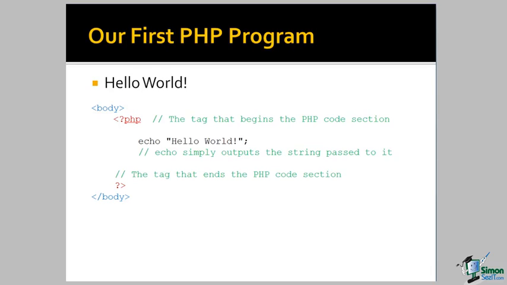Then we say echo hello world. And all this is doing, the echo command just sends that text, that string, into the HTML document. It just echoes it, it prints it out. And then we have the end tag. And notice again that we have the semicolon at the end of the echo statement. This marks the end of the statement and is absolutely required.